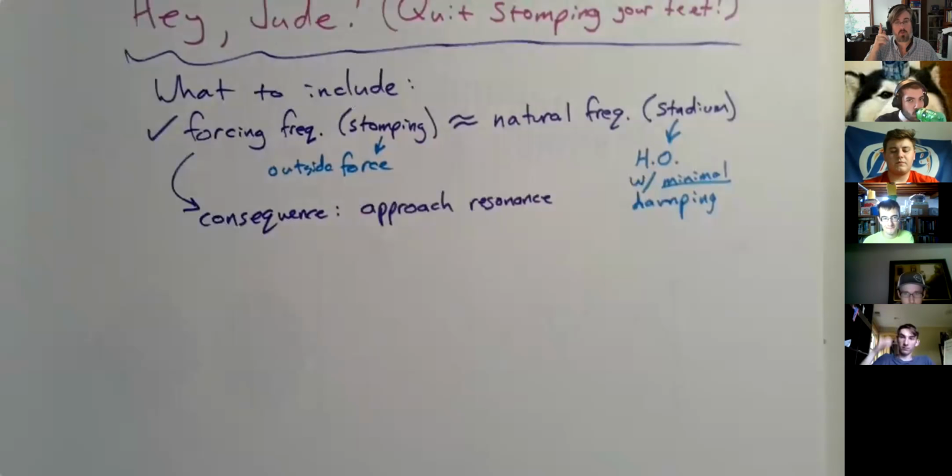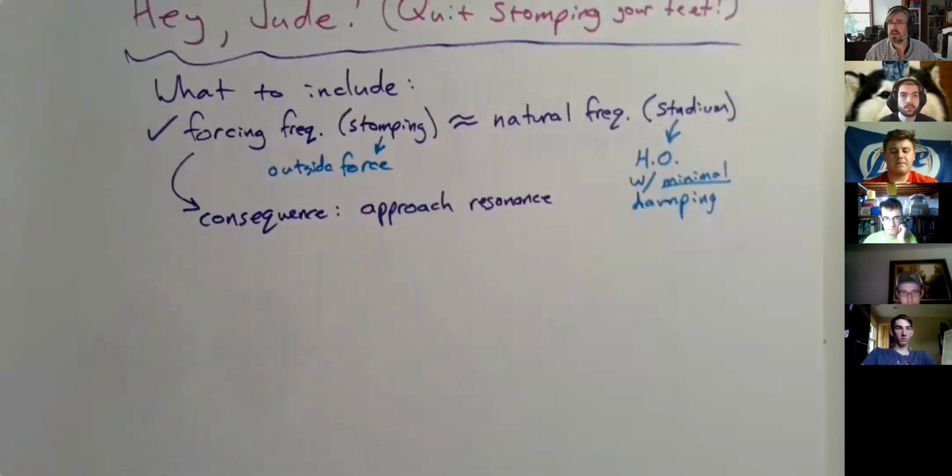So let's do what you should always do when you're coming up with an answer. Let's say you've got this much written down, at least in your head, and you're going to weave this all together. Let me go back and take a look at the question and make sure that I'm actually answering the question. It says, give a plausible explanation of the stadium's violent reaction to the stomping accompanying the song, Hey Jude, and to no other song that they play.